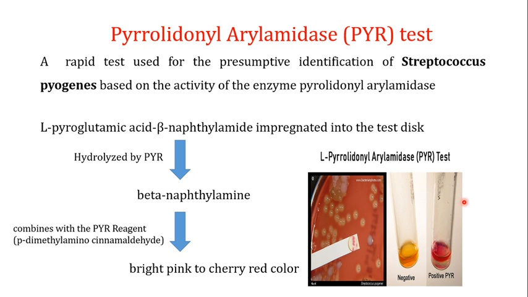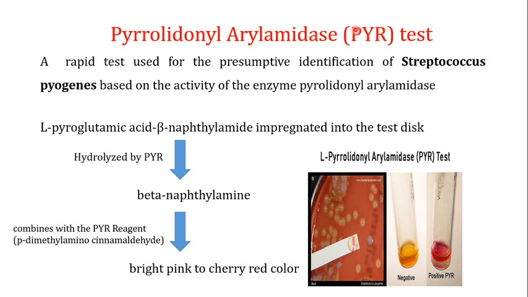Another important property of Streptococcus pyogenes is that they are positive for another enzyme known as pyrrolidonyl arylamidase. For short, it is known as the PYR enzyme.